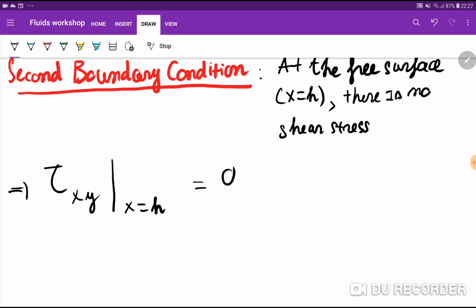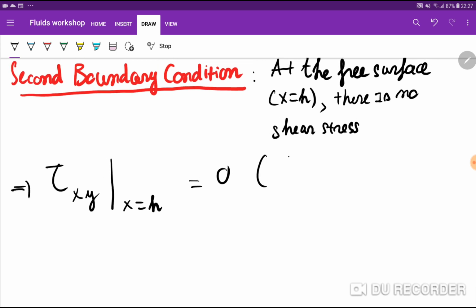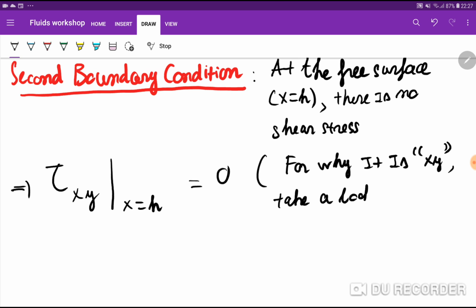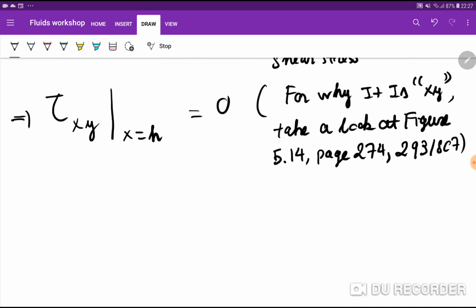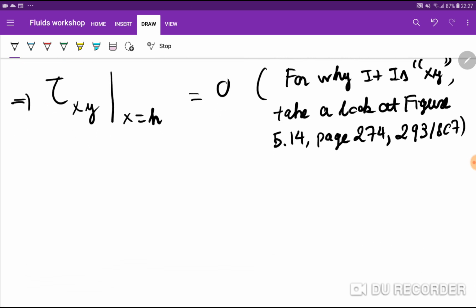I make some notes here: if you are interested in the geometry, for y it is xy. Please take a look at figure 5.14, page 274, or if you use electronic devices, page 293 out of 807. What is tau xy at h?